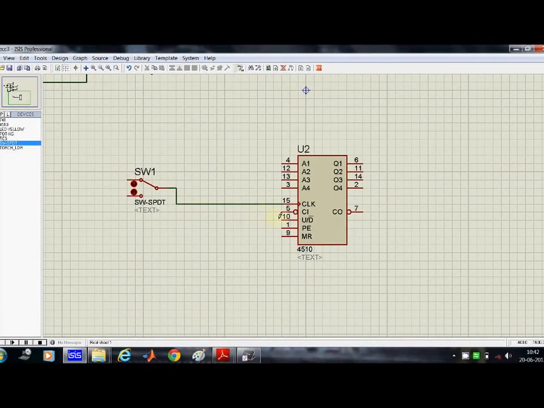We have to give a 0 input to this CI pin, to this preset enable pin, and the memory reset pin. So for that, I take a ground terminal and connect it to MR, PE, and CI. This up and down must be given a high.